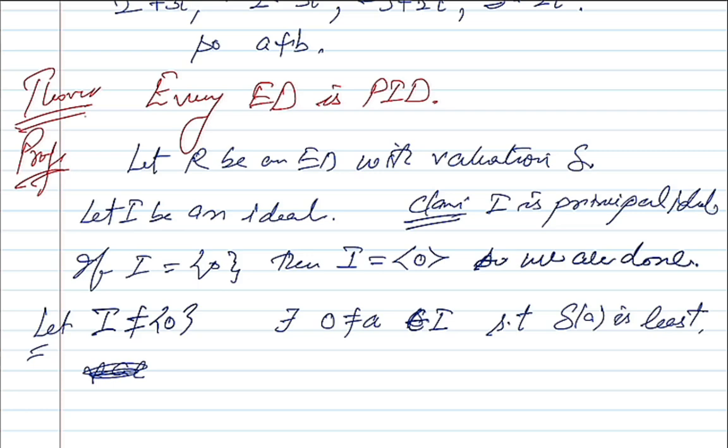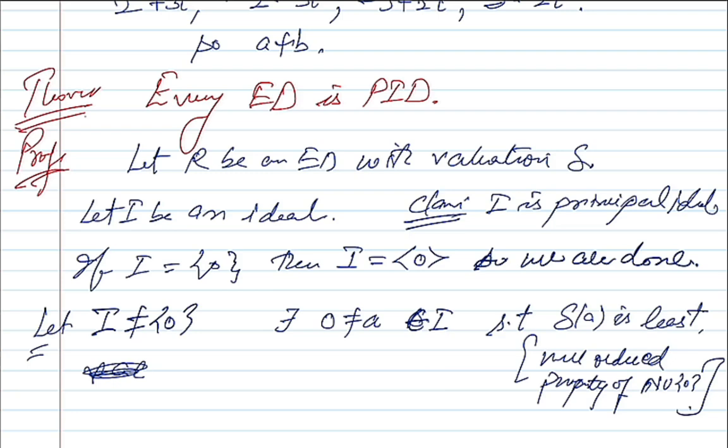Take any subset of the natural numbers, you will always get a least number out of them. So that is called the well-ordered property of N union 0. So our claim will be I is generated by this A.